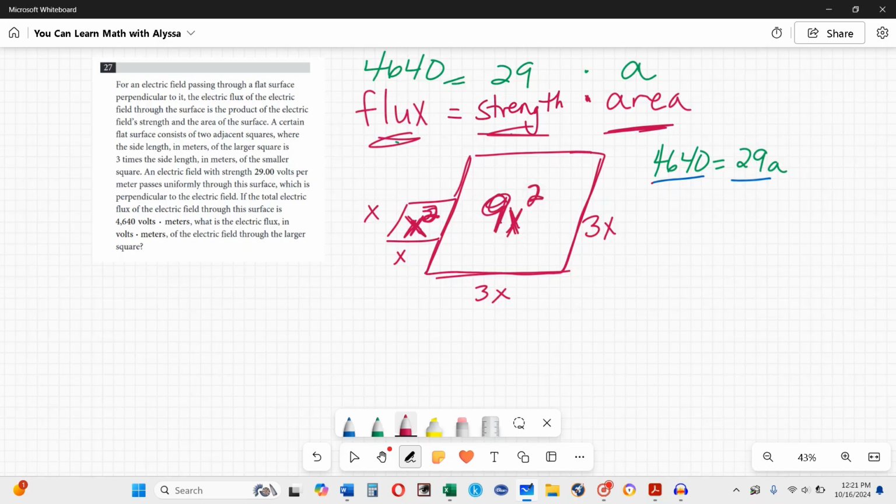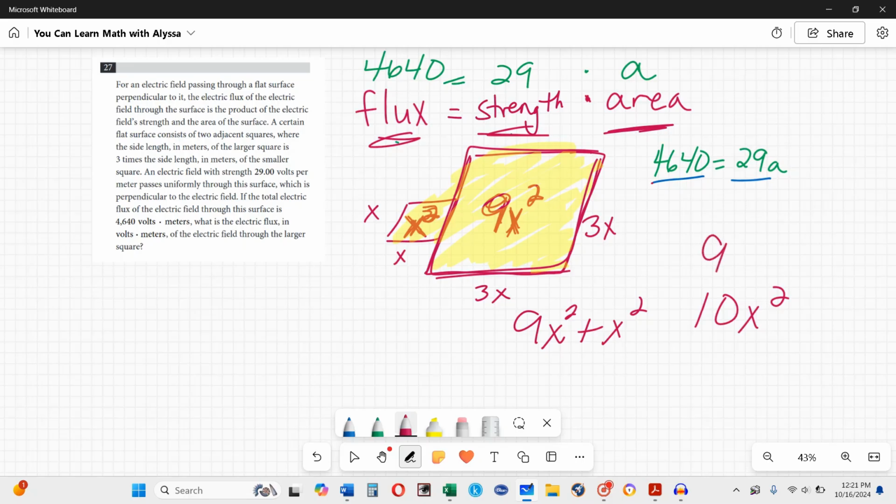What proportion of this whole thing is the larger square? The whole thing altogether is 9x squared plus x squared, or 10x squared. The larger square is 9x squared out of that 10x squared. So those x squareds cancel, and we just say it's 9/10 of the whole. So the flux would also be 9/10 of the total flux.